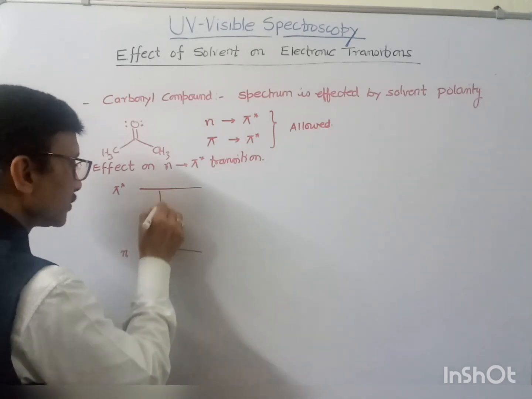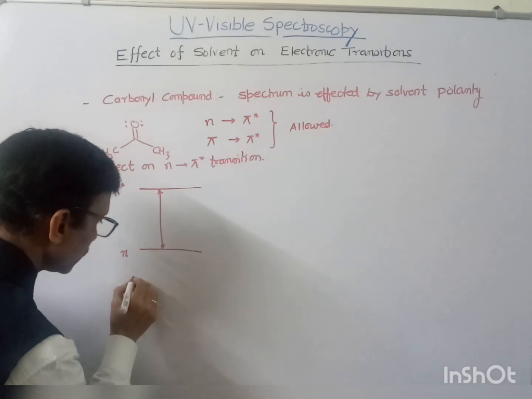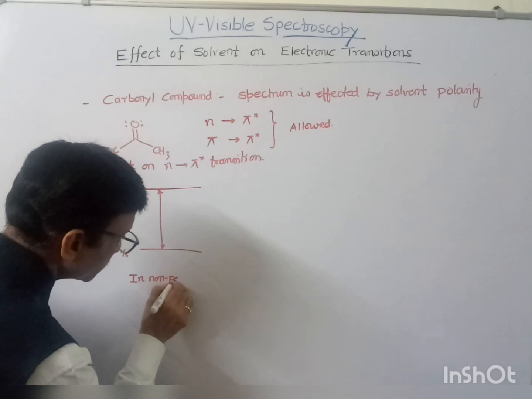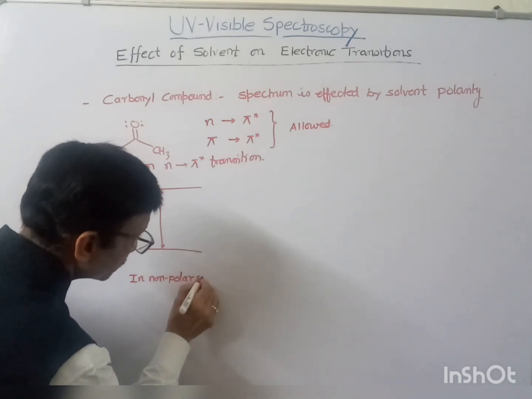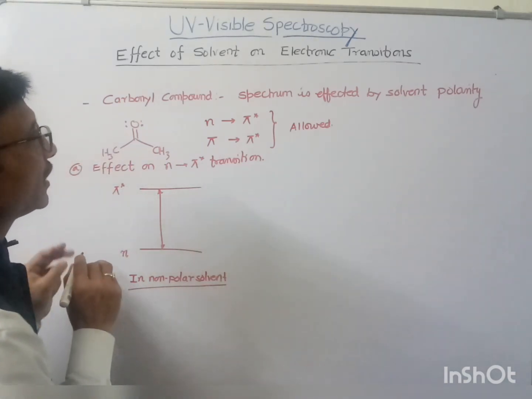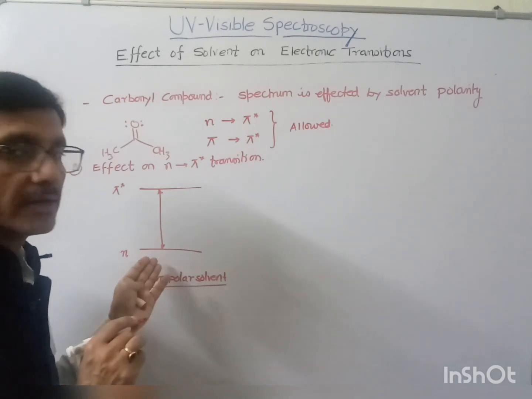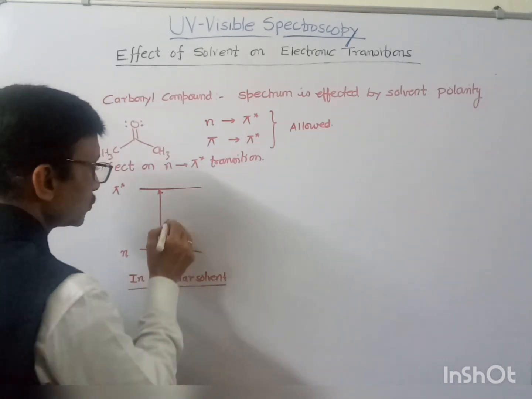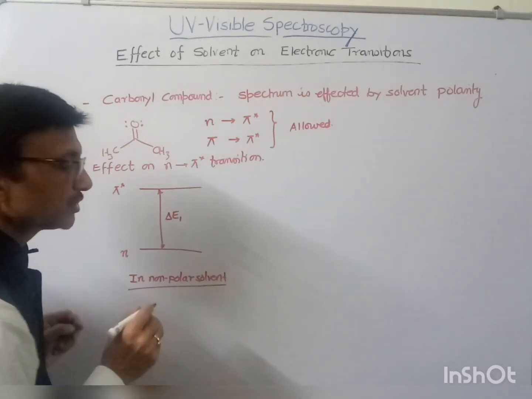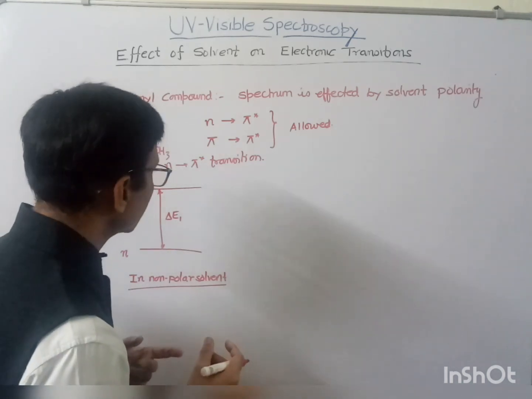Suppose this is the transition in a non-polar solvent. Now we have to see how the transition is affected in a polar solvent. This is the energy difference, suppose delta E1, when the spectrum is taken in a non-polar solvent.